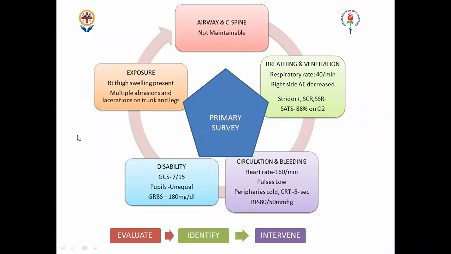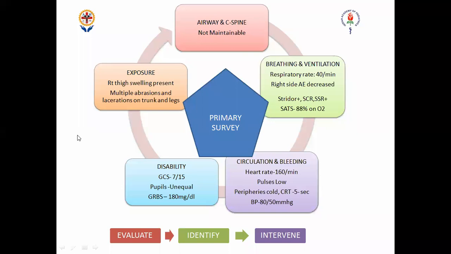So take care that you give adequate sedation before proceeding for bag and mask. Unless the child is on the verge of collapse, like a respiratory arrest, there's no point in starting bag and mask straight away because 88% is absolutely fine in any different scenario. Like you have an ARDS child, you will accept even 85% saturations. So don't rush and start bag and mask because always the pupils are unequal. So take measures for adequate analgesia and sedation before proceeding for bag and mask.